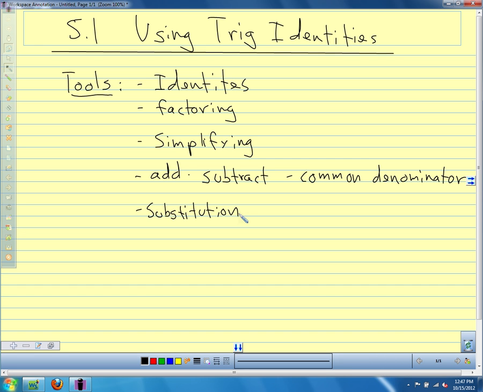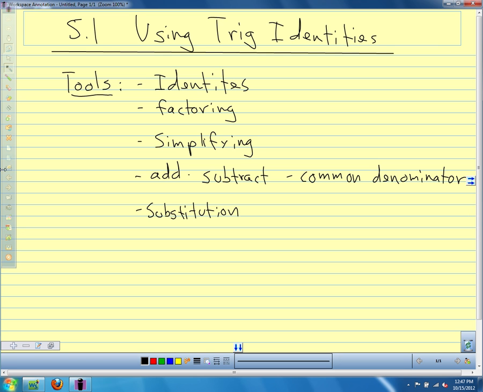The reason that we're doing this is because often when we're working with trig functions, if we have some kind of application where trig functions are involved, we end up with some kind of expression, some kind of equation that's complicated, that we want to rewrite, we want to simplify, so it's easier to work with. So what we're doing today is just practicing with the simplifying part, so that when we get to the part where we're actually solving equations or using our functions in applications, we have some ability to simplify and to rewrite to make our equations easier to work with.